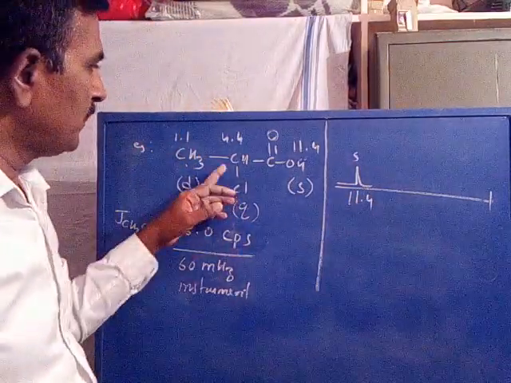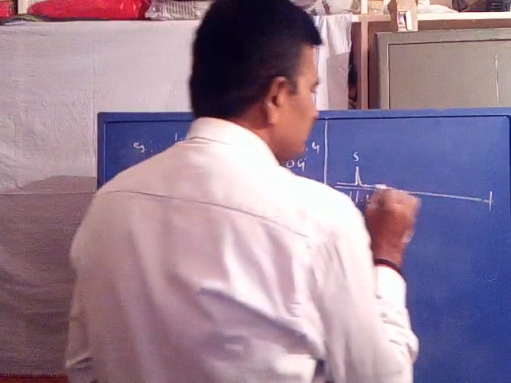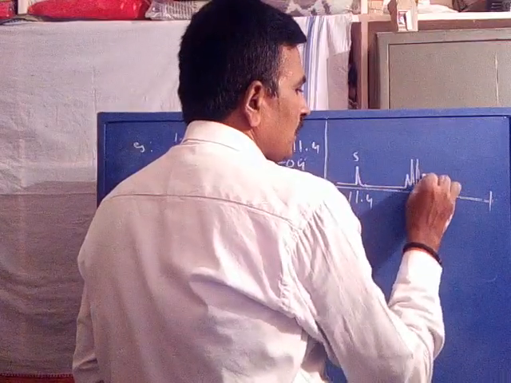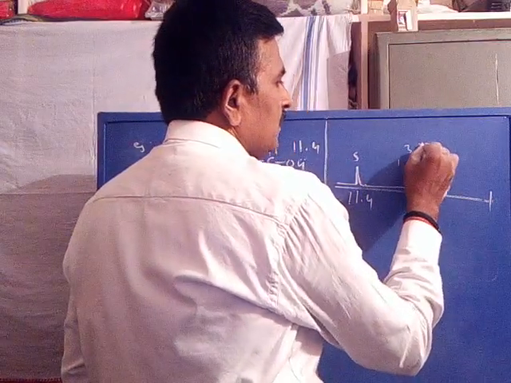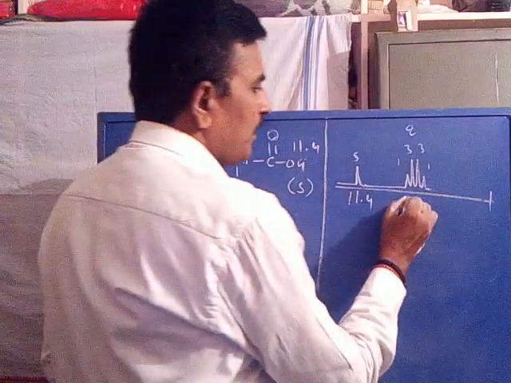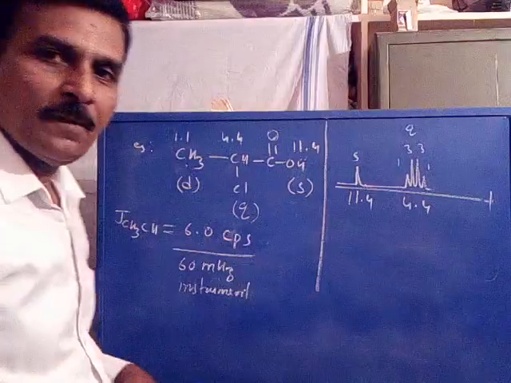For CH proton as a quartet, 1:3:3:1. This is a quartet at 4.4 ppm. Is it clear?